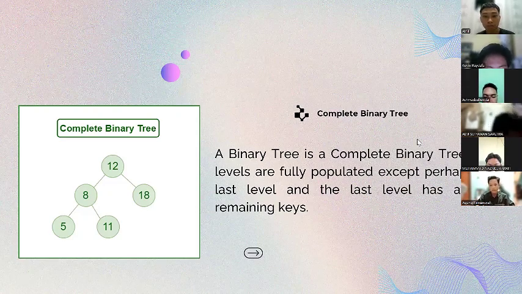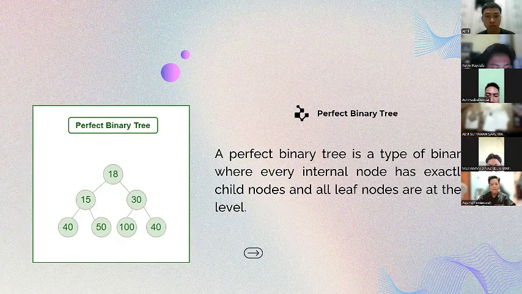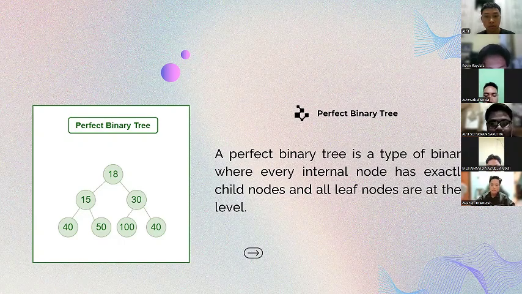Yes, the same as a full binary tree. Then there is something called a perfect binary tree. This one has the same left and right nodes. That's why it has the name perfect binary tree. You can see for yourself, for example.